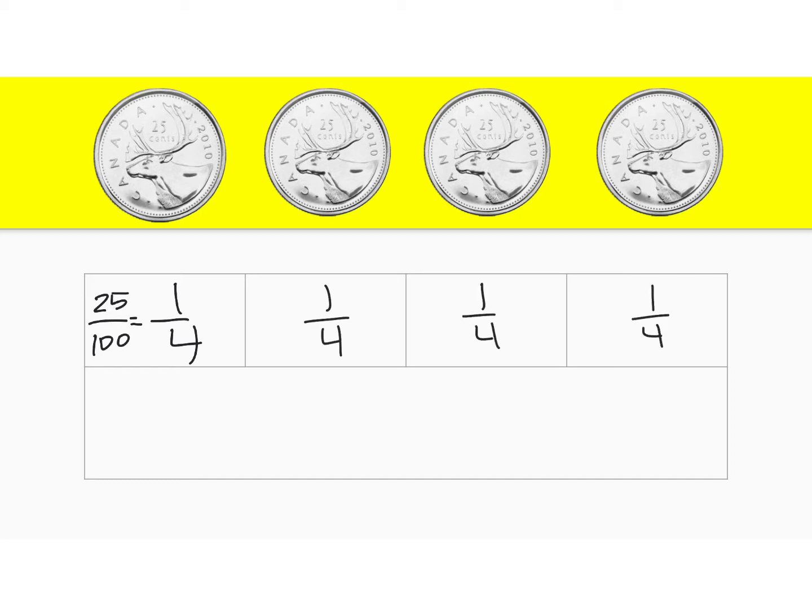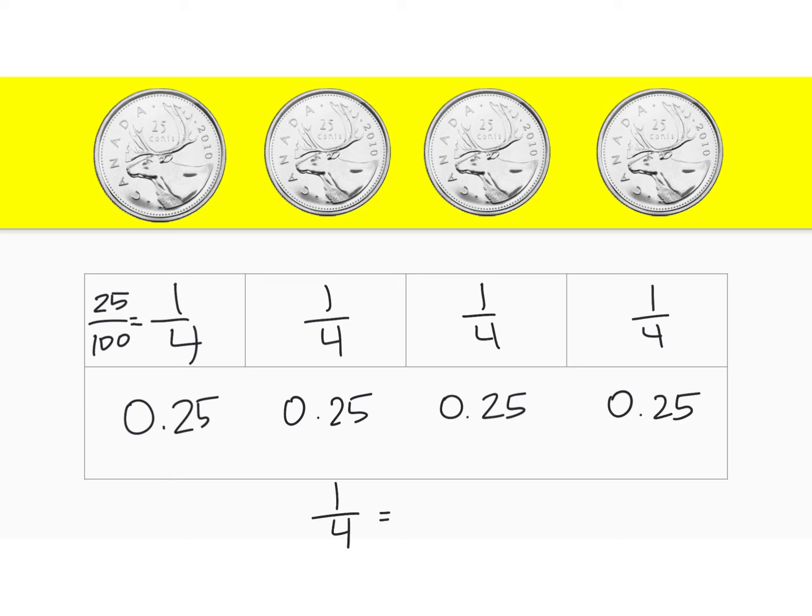And when you think about these written as decimals, we write them like this: 0.25. So overall, 1/4 is equal to 0.25. Those are equivalent. You could also just as easily have written 25 100ths is equal to 0.25.